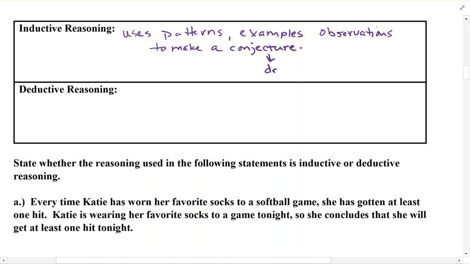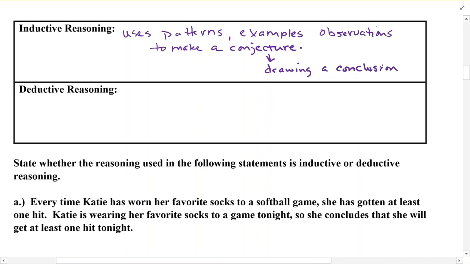Conjecture is drawing a conclusion. So for example, if we look at the pattern of 2, 4, 6, 8, we would make a conjecture that the next term is 10 by looking at the pattern.